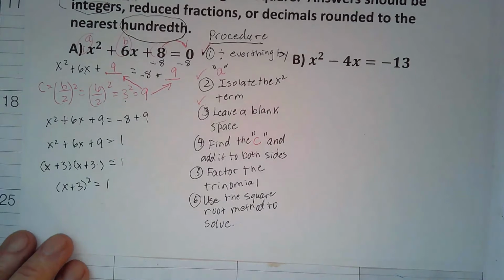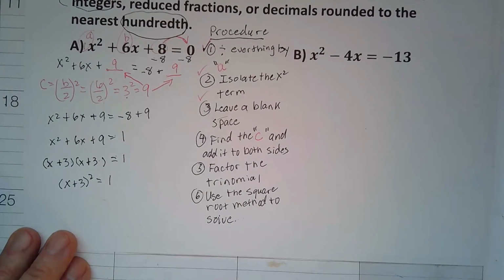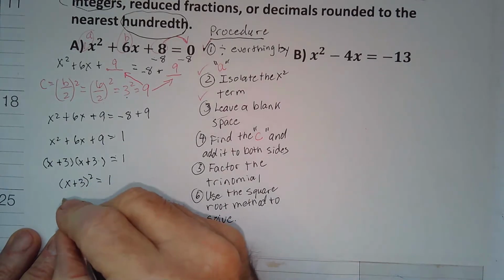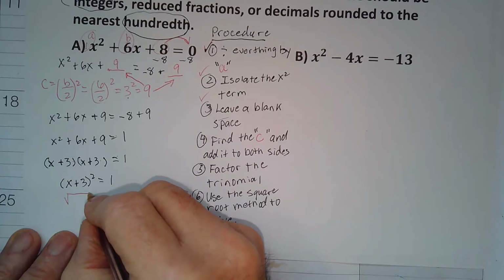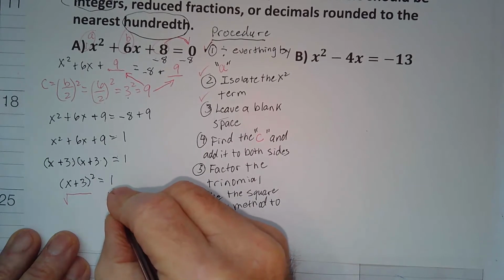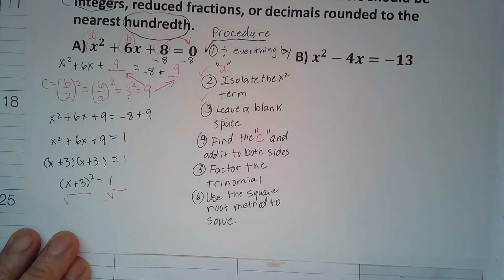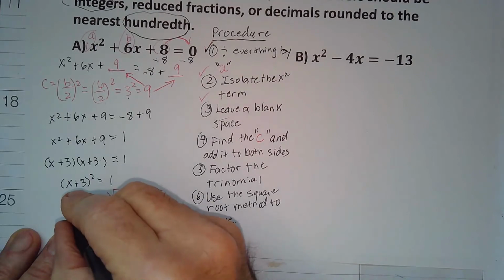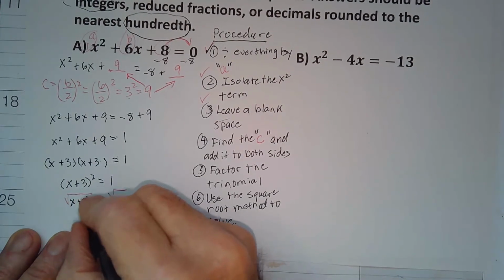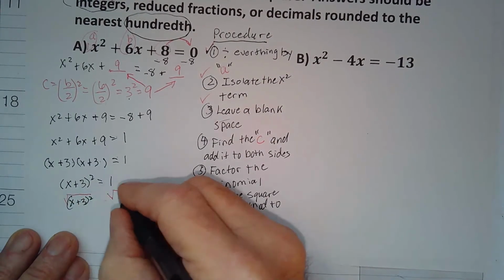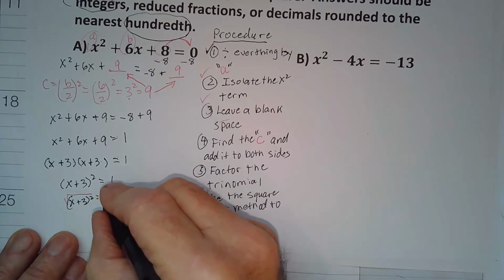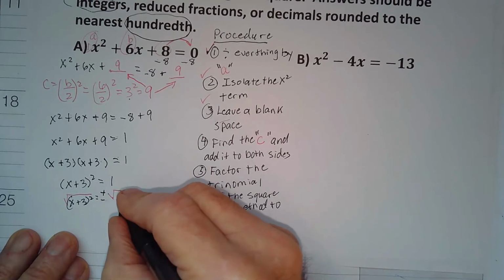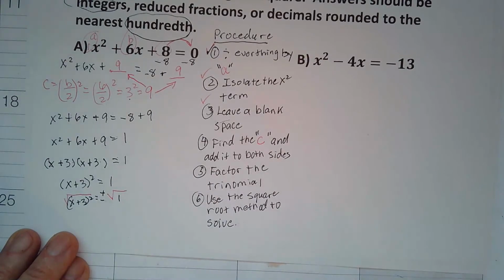All right, so now the next thing we want to do is take the square root of both sides of these. So I'm going to do that. Square root of equals the square root of. So this is x plus 3 squared equals plus or minus the square root of 1. Okay?